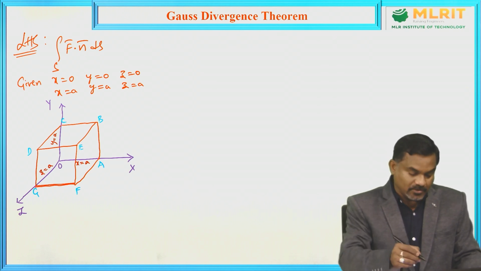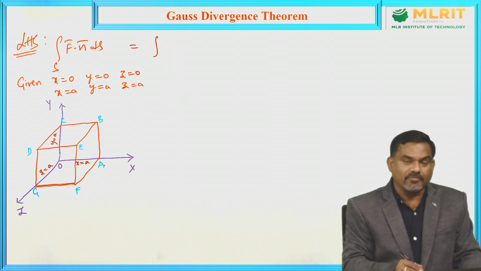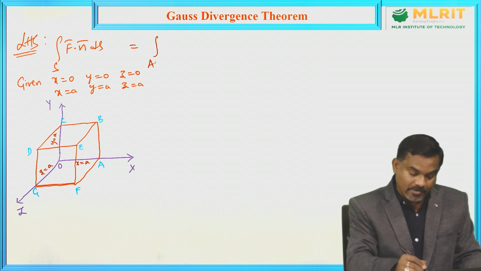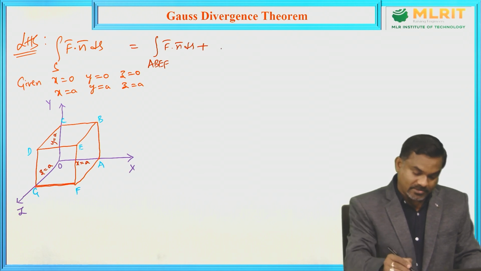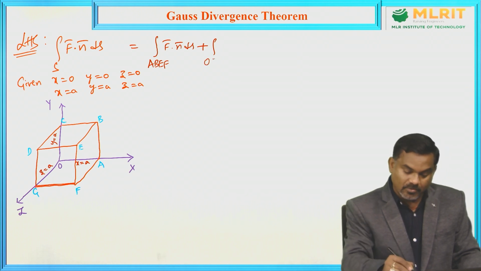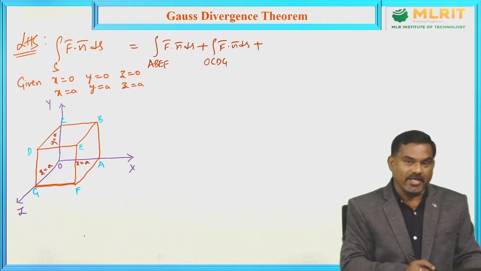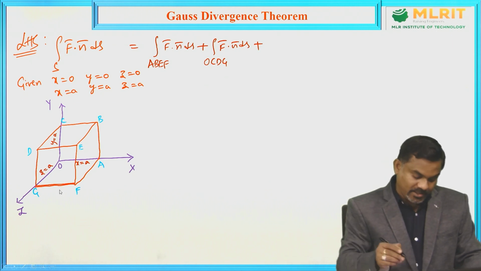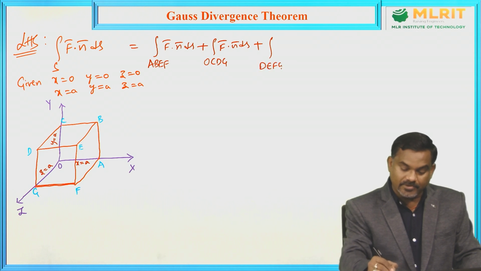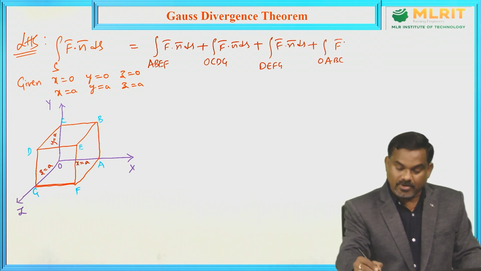Now to evaluate this surface integral, we need to evaluate the double integral over each face of this cube. So this LHS is equal to, over the face on the x axis ABEF, f bar dot n bar ds, plus the opposite face OCDG, f bar dot n bar ds, plus the plane on the z axis DEFG, f bar dot n bar ds, plus exactly the opposite one OABC, f bar dot n bar ds.